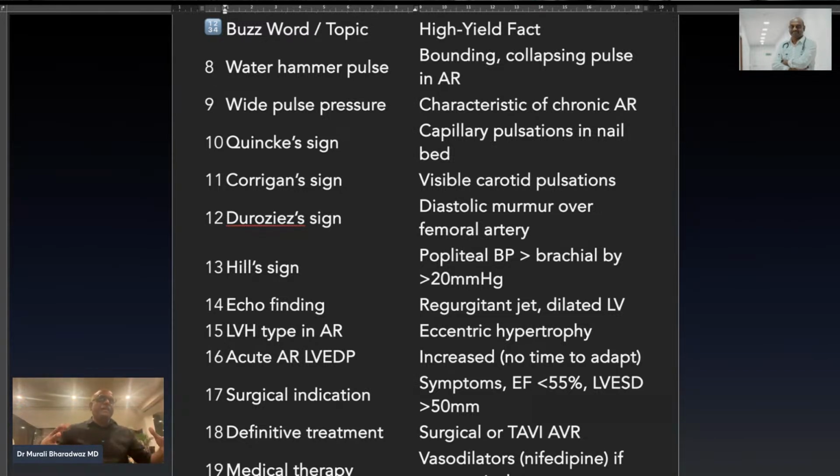The pressure gets bigger by the time it reaches the legs. If you shake a hose pipe with water inside, near your hand the shake is small, and in the far area the water splashes out harder. Understood? That's called Hill's sign.